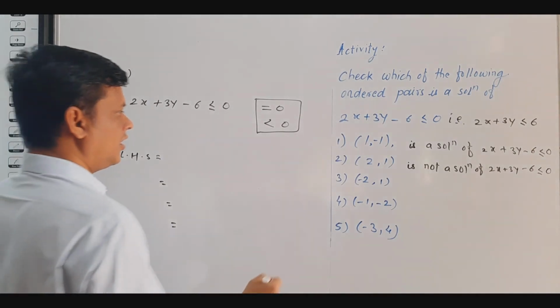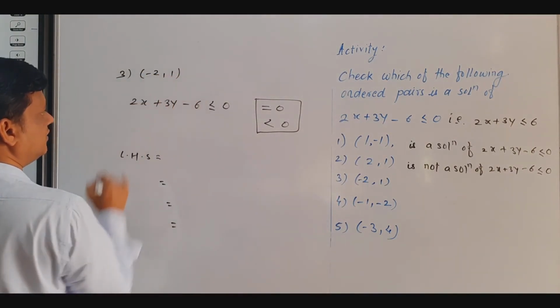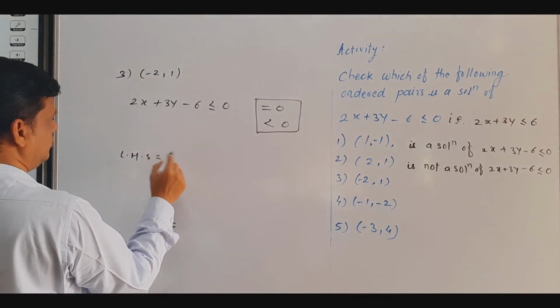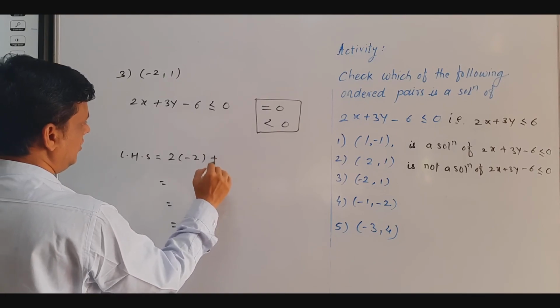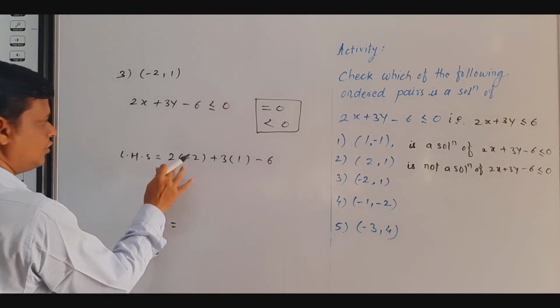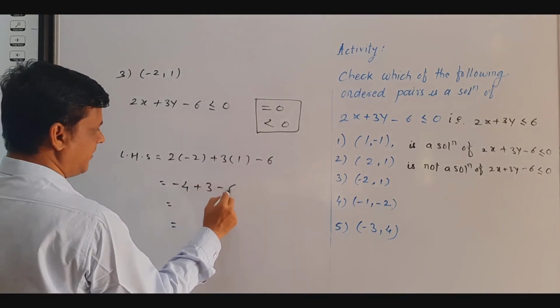Now see the third ordered pair, (-2, 1). So we substitute x as -2 and y as 1 in 2x + 3y - 6. So 2 into -2 is -4, plus 3 into 1 is 3, minus 6.